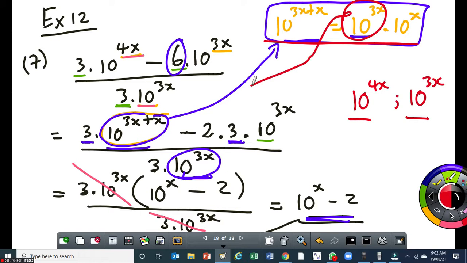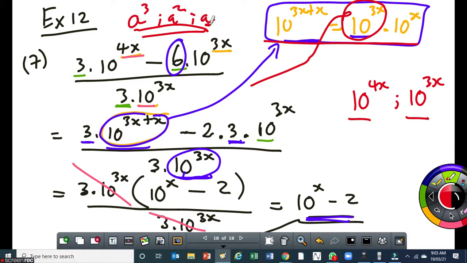And I told you in class, if you are given, say, a cubed, a squared, and a, the lowest common multiple of these three is going to be a cubed, and the highest common factor is going to be a. Okay, so make sure you know that.